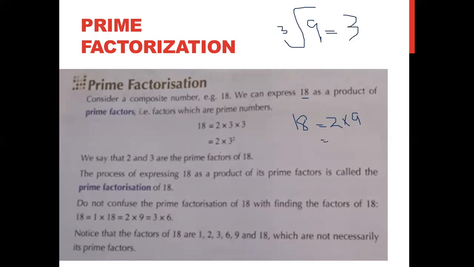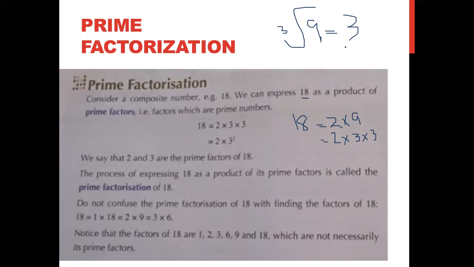So this can be written as 2 multiplied by 3 multiplied by 3, since 3 3s are 9. So now we know that prime factorization is taking out prime factors from a number. 18 might not have prime factors, but we can at least divide the factors in it to make them prime. This process is called prime factorization.